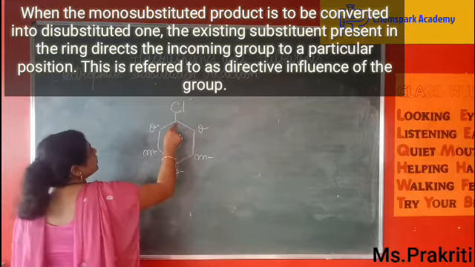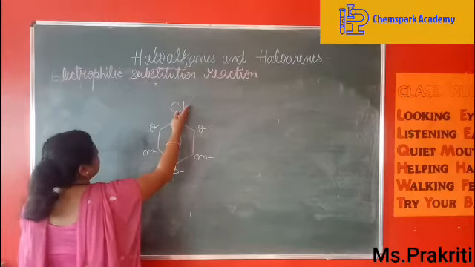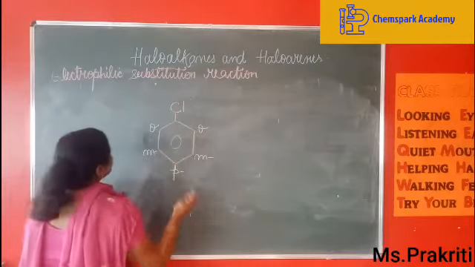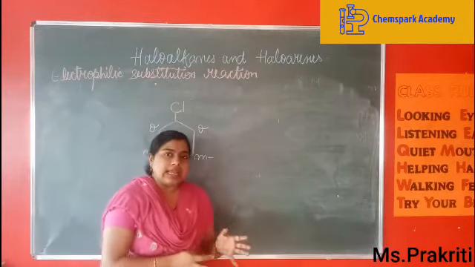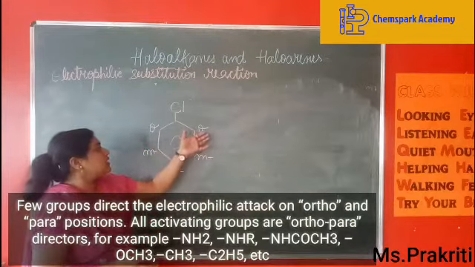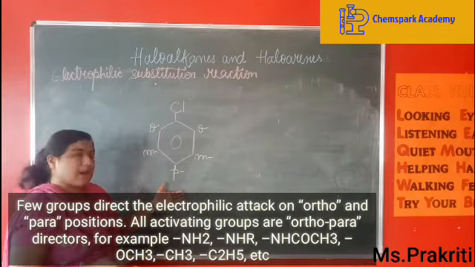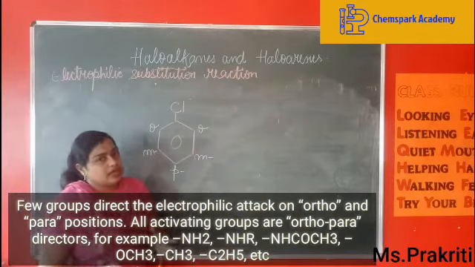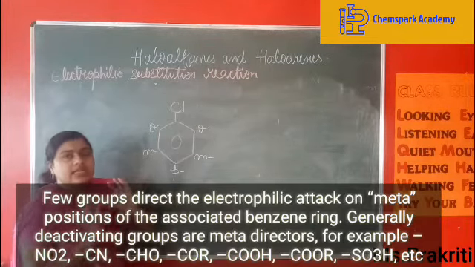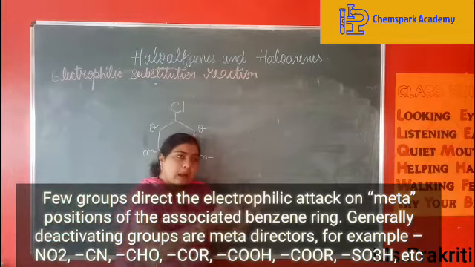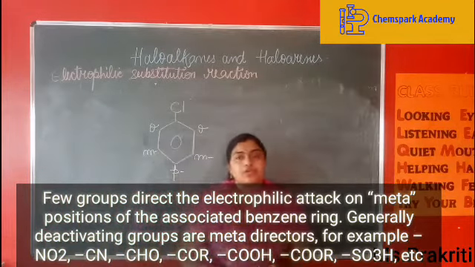This position, para position, is already occupied by the functional group. So now there are few groups which direct the electron density towards the ortho or para position, and there are certain groups which direct these towards the meta position. That is, they direct the electron density or the coming group towards the meta position.